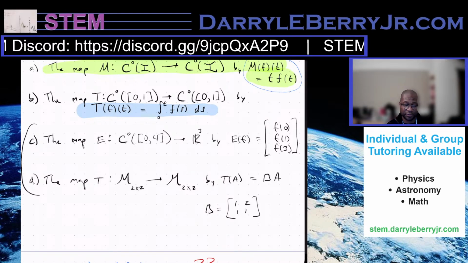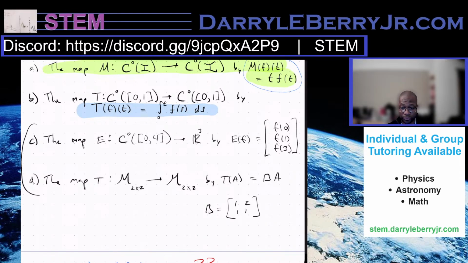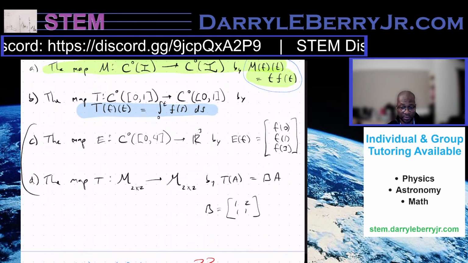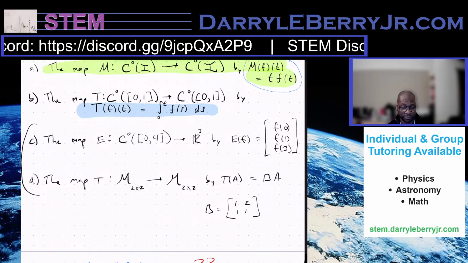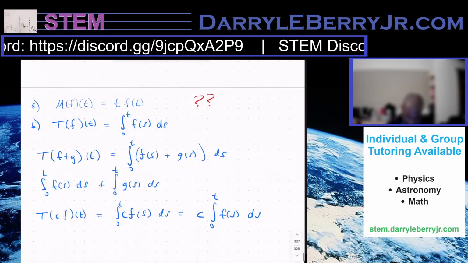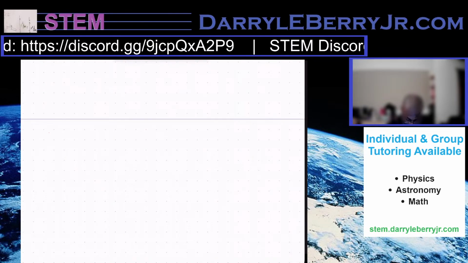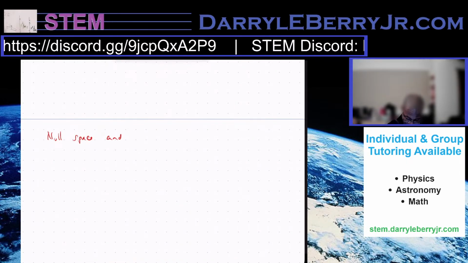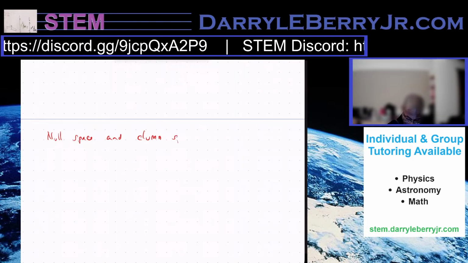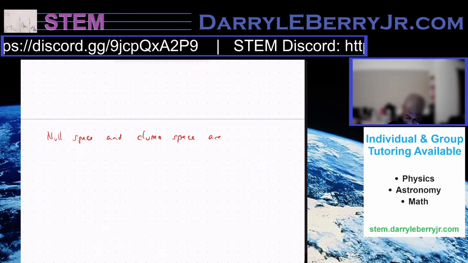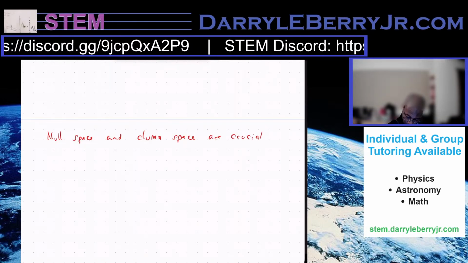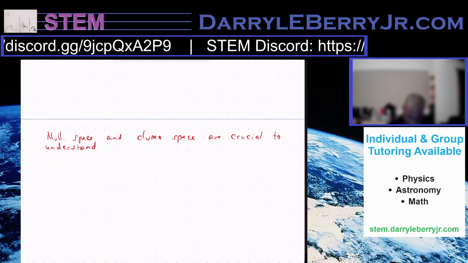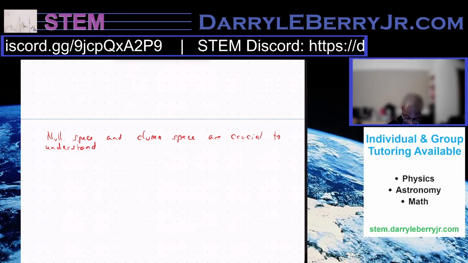It says just as the null space and column space are crucial tools to understand the linear map. So it says null space and column space crucial to understand linear map.